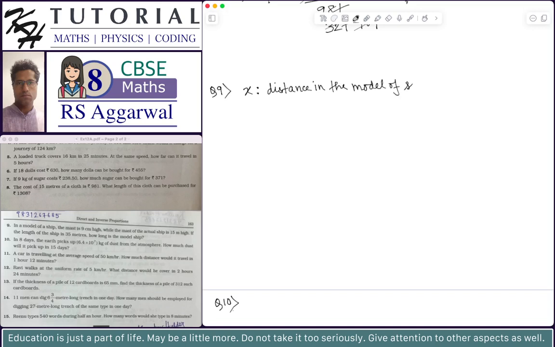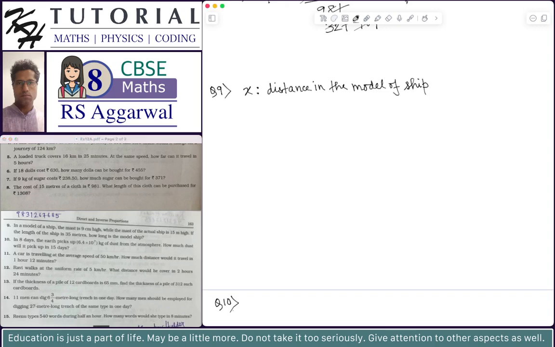Now you must be very careful regarding the units. It is given that the mast is 9 centimeter high, while the mast of the actual ship is 15 meter high. So the distance in the model of the ship is given in centimeter, and the distance in the actual ship is given in meters.